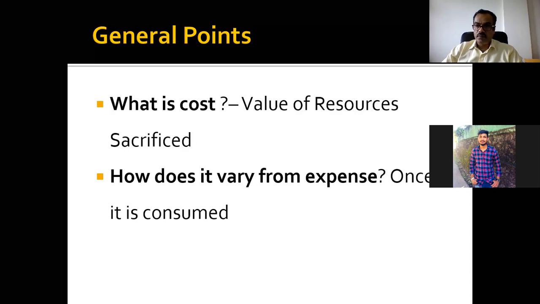For example, a baker manufactured a loaf of bread. What is the cost? You do all the calculation, cost is 50 rupees. Assume that there are 100 breads. Cost is 50 into 100, so 5,000 rupees.